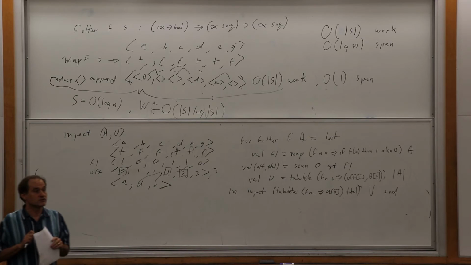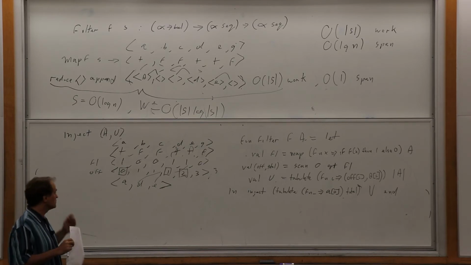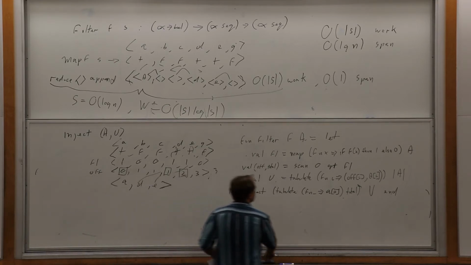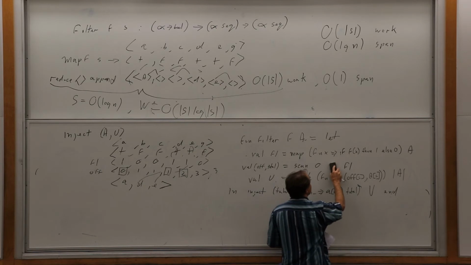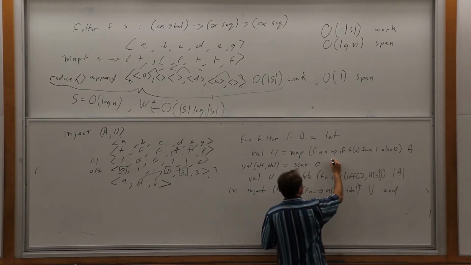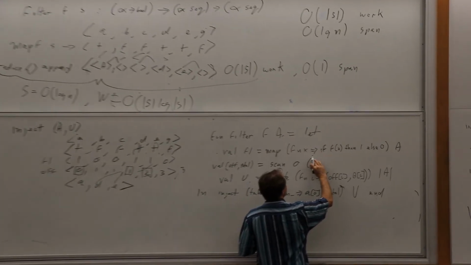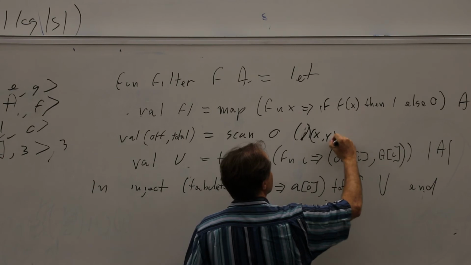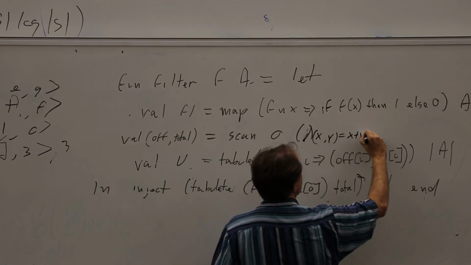So any questions here? Yeah? Sorry, in the scan line, what's right after the 0? Okay, this is SML notation. I think Umut did it the better way, which was, well, I guess he did it with lambdas: lambda x, y equals x plus y.